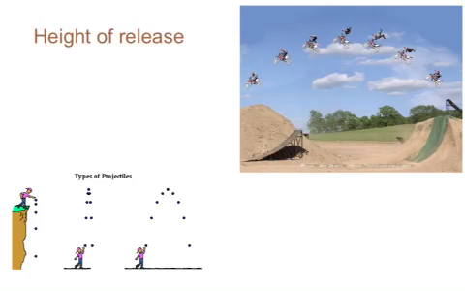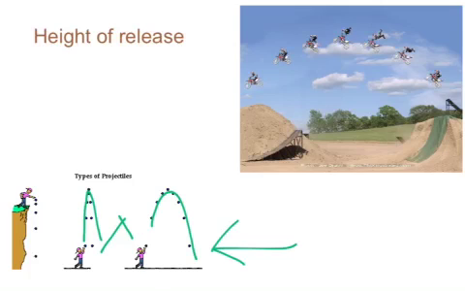The last part is height of release, and all this is looking at is what height it is released from. If you have a look at the example just down below over here, we've got somebody who's throwing two separate balls, and we've got the parabola for each of them. Now if we have a look at the third example over here, the person is throwing it from a height.